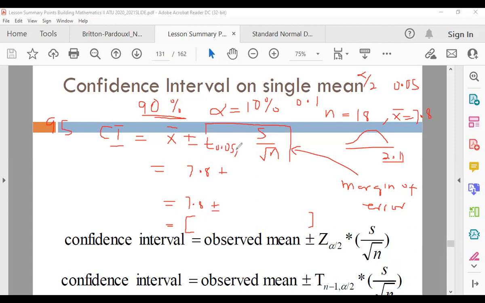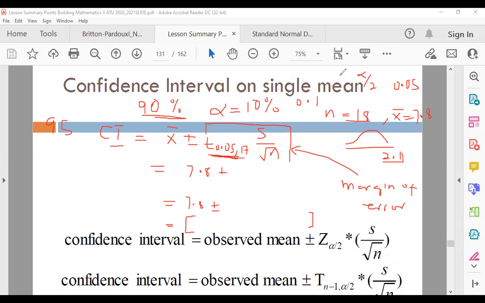So 0.05 and 17 degrees of freedom, in the case where our sample size is 18. Then you bring in the standard deviation over the square root of n. This is what you have to read from the statistical table.